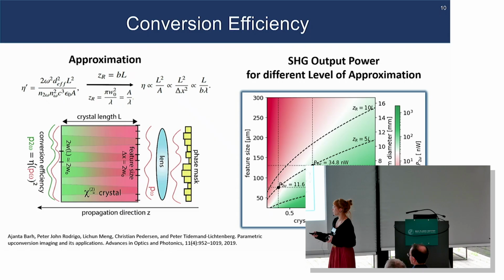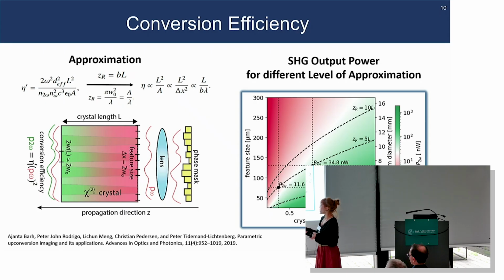So basically, we take the crystal and look at the field at the beginning of the crystal, and we sample the field by an array of Gaussian beams, which have a radius equal to the feature size, which we choose for simplicity as the size of the features in our phase mask.